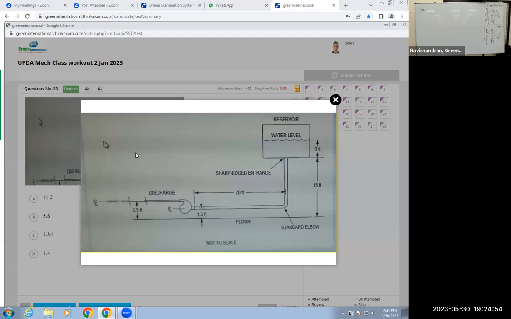WG is similar to mercury pressure, but it's a level indicator.